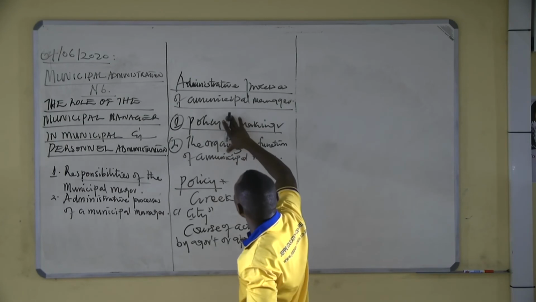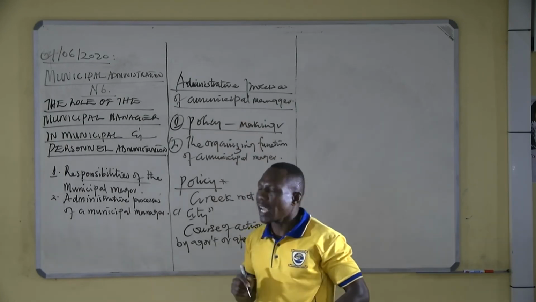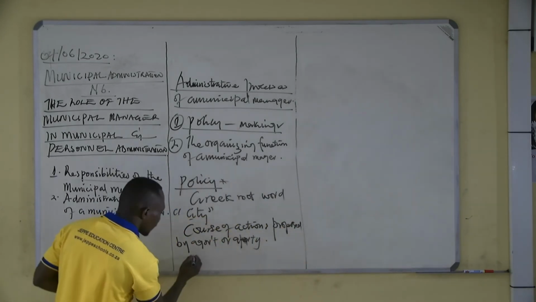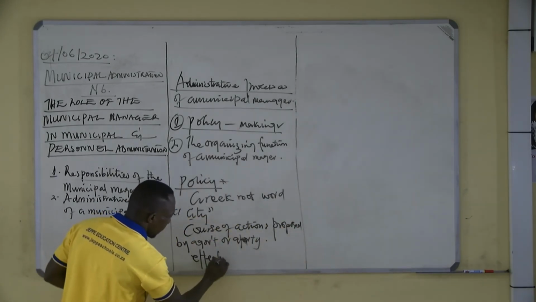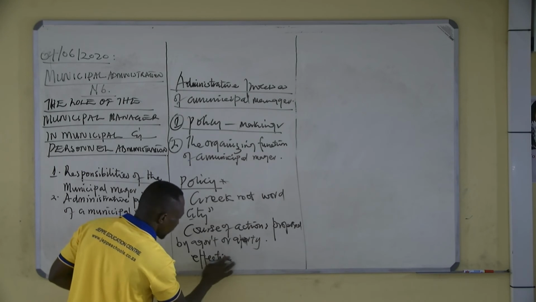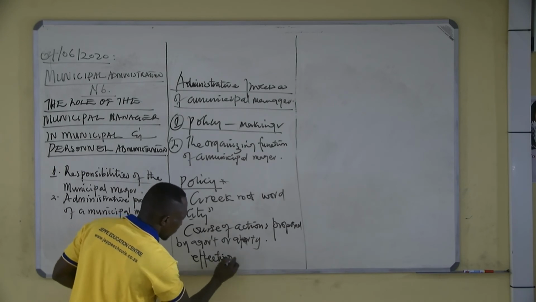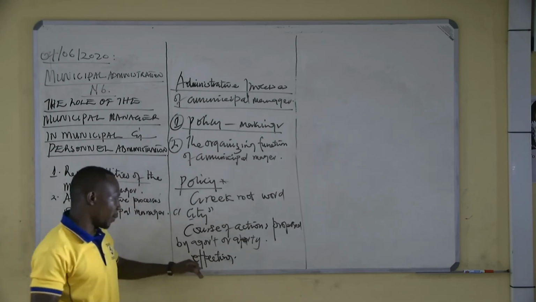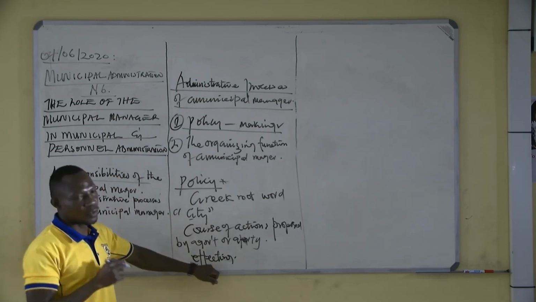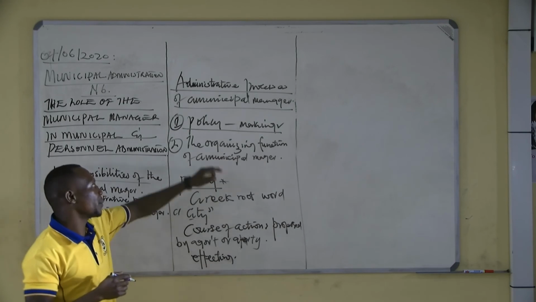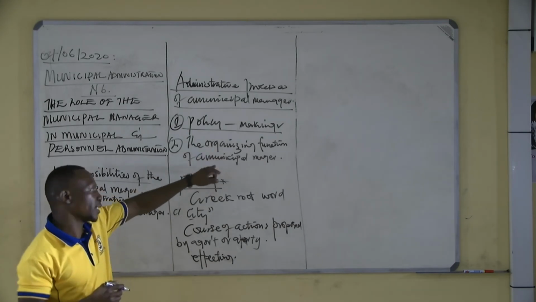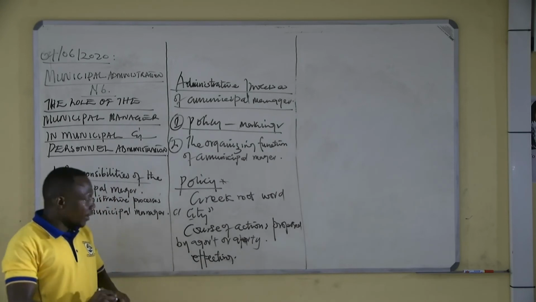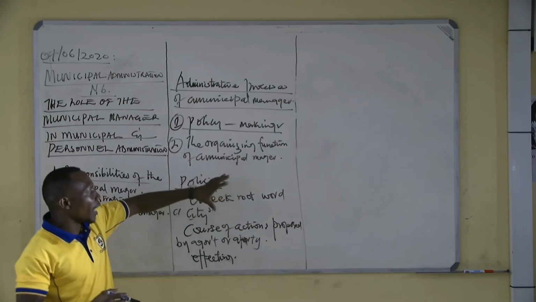So for that case, therefore, the municipal manager becomes in charge of effecting. The municipal manager, therefore, should be able to effect what we call a policy as one of his duties of being an administrative, accounting, and executive officer of a municipality in the following ways.